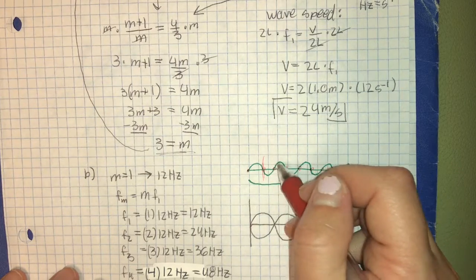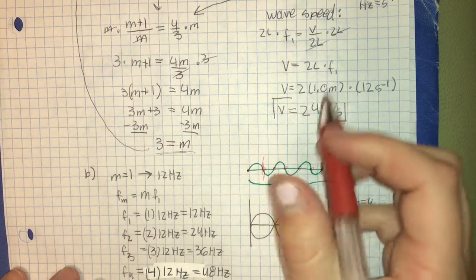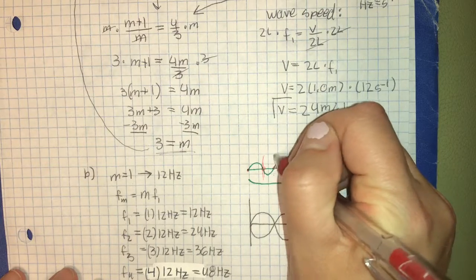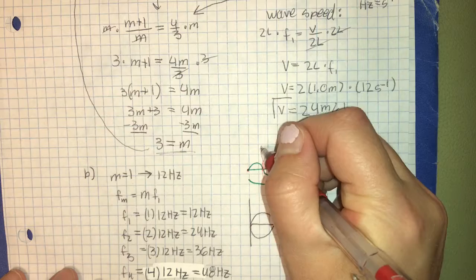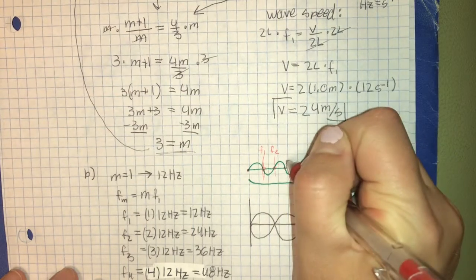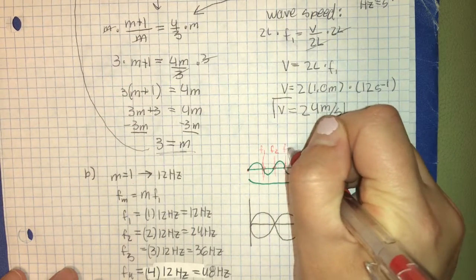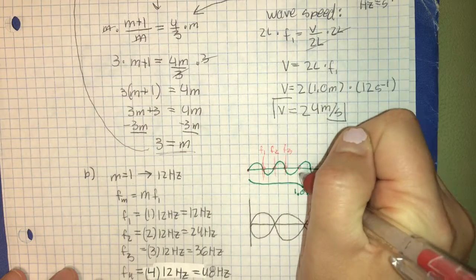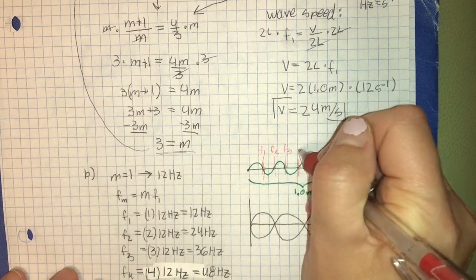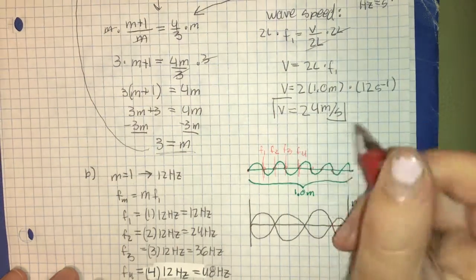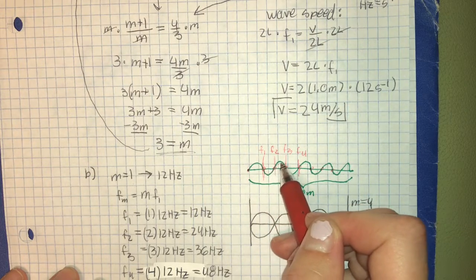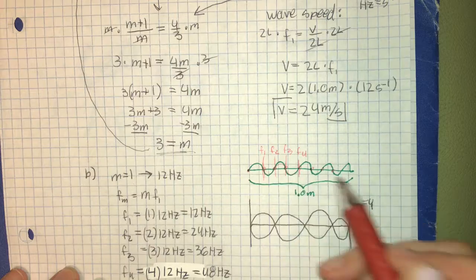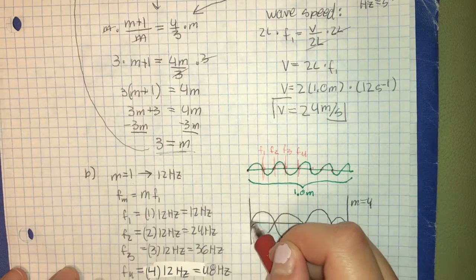And then if we kept going, add a node, this is what F2 looks like, and then keep going, that's what F3 looks like, and then this is what our F4 looks like, so it's going to be up, down, up, down, up, which is what I drew here.